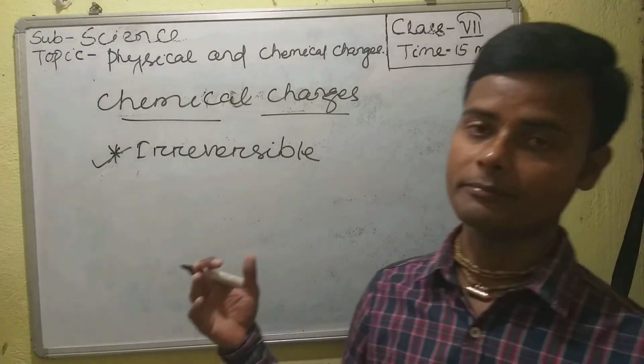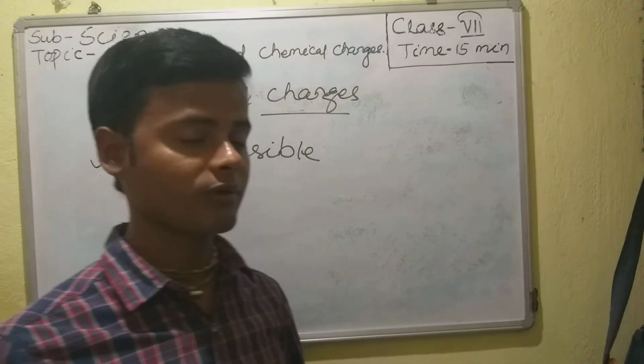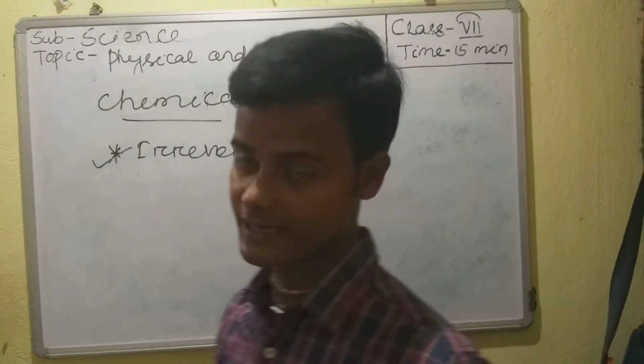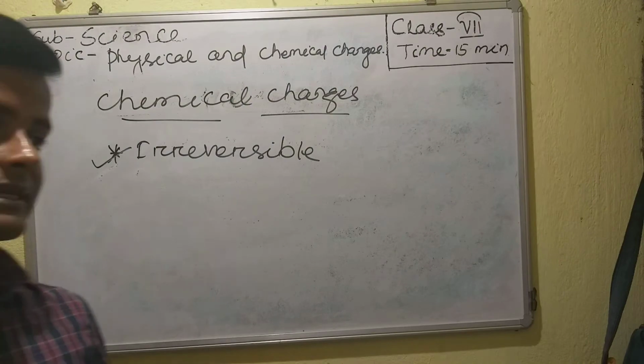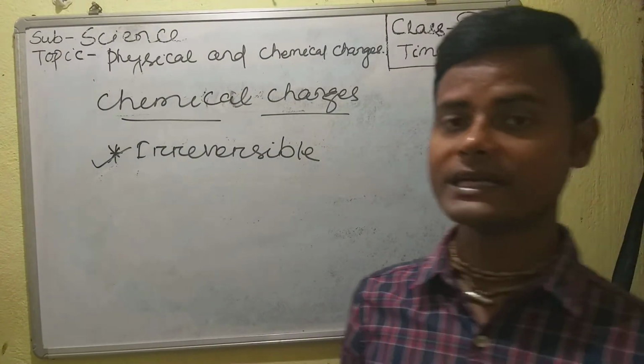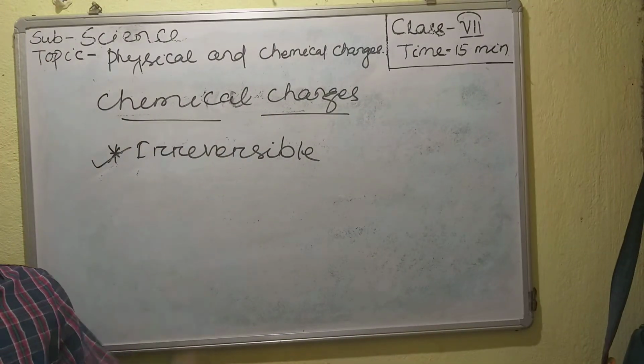In your house, in the kitchen, if you are not using the iron tawa for a long time, it gets rusted, right? So these are the different articles we use in our daily life. They get rusted when exposed to the air. So how can we prevent this rusting of iron?